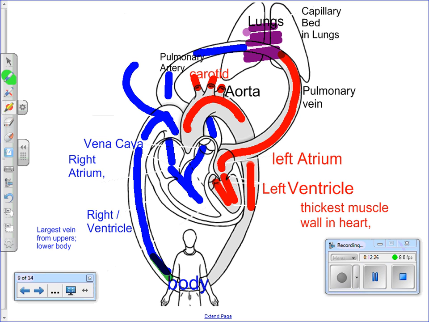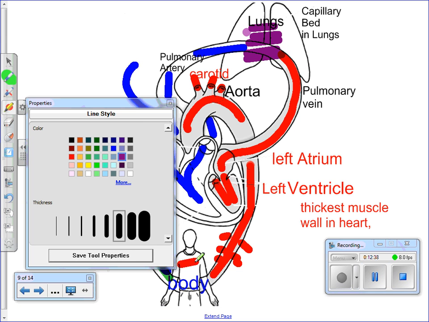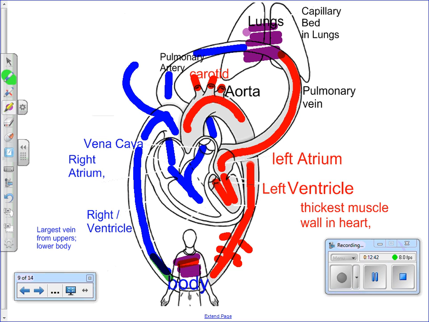And all along the way, of course, you're going to have branches to the liver and the legs and all of your organs. Lots and lots of capillary beds in the body where we have exchange of materials happening. Capillary beds everywhere your body is dropping off materials and picking up materials. You have exchange there.